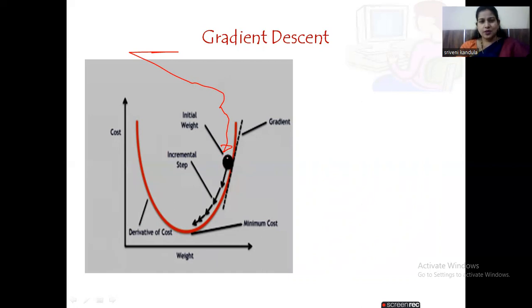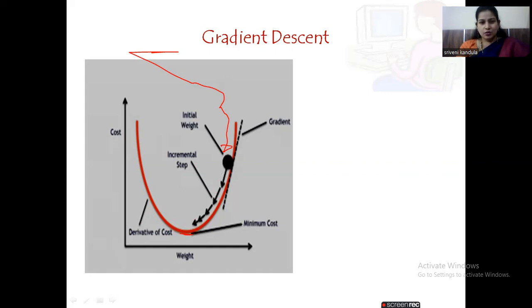This is the initial position it started, and here you can see the gradient, or the measure of the step size that we are taking. Slowly the incremental step size is reducing. Now if you observe when this ball reaches the bottom, relatively the curve is a little flat. This is basically a parabolic shape.